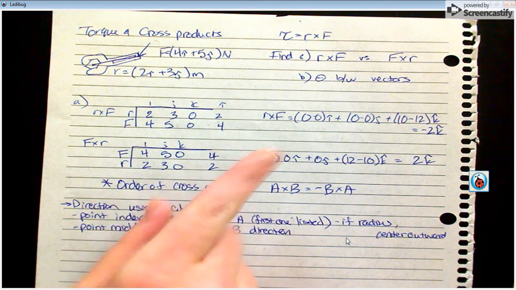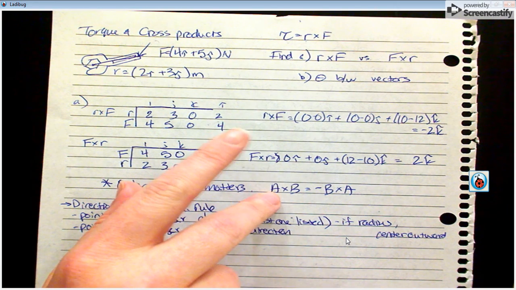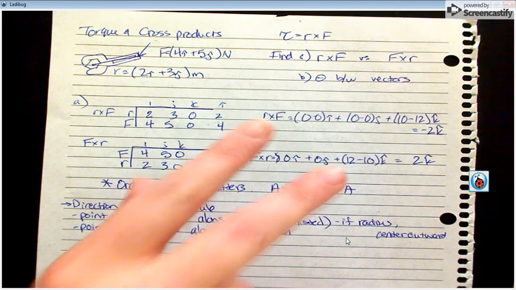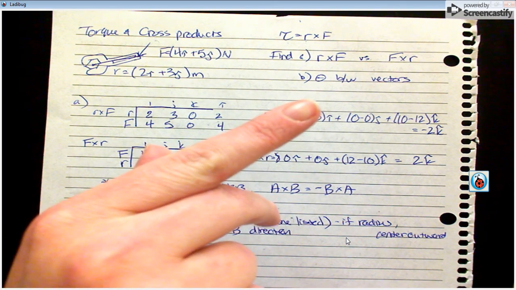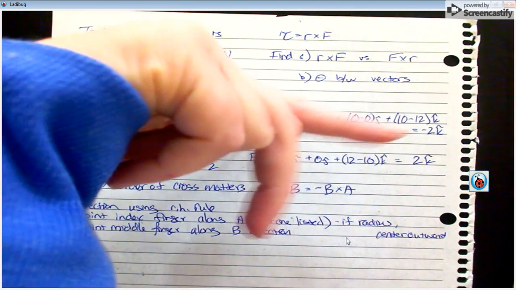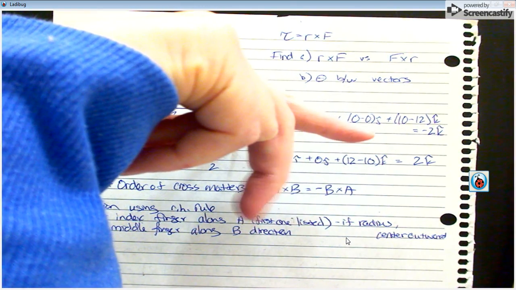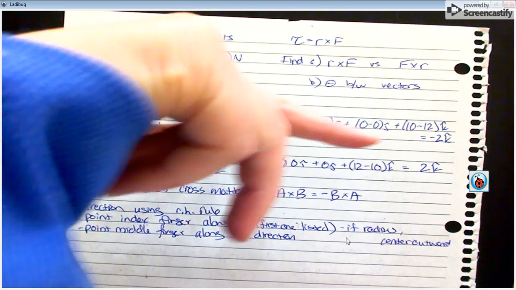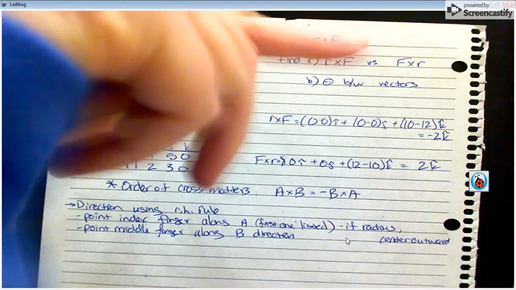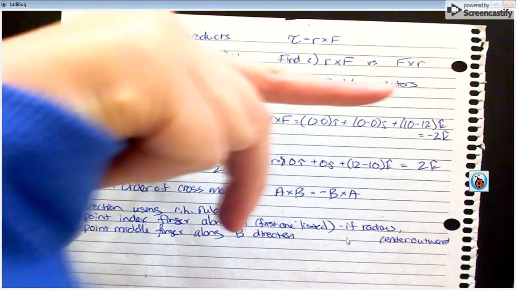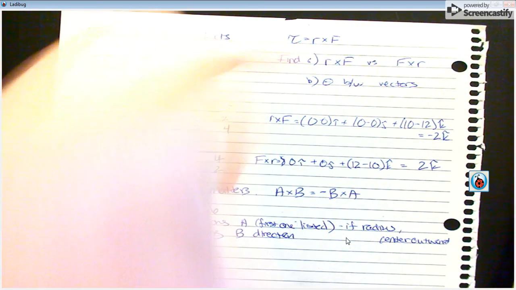Now I need to point this finger in the direction of my force vector, so I'm going to need to rotate my hand. It's going to be just bent down like that. So my force vector is pointed in the right direction. Now your thumb, sticking out over here, will be pointed in the direction of the torque, which for this scenario is into the page.